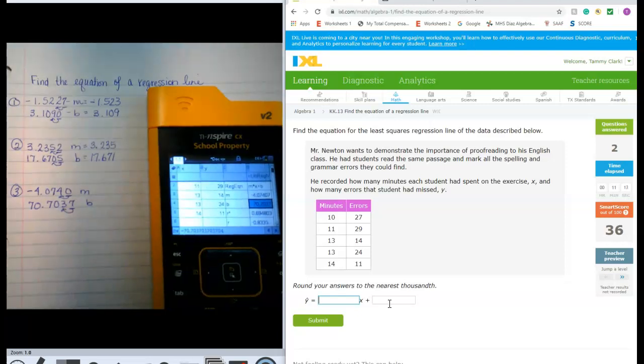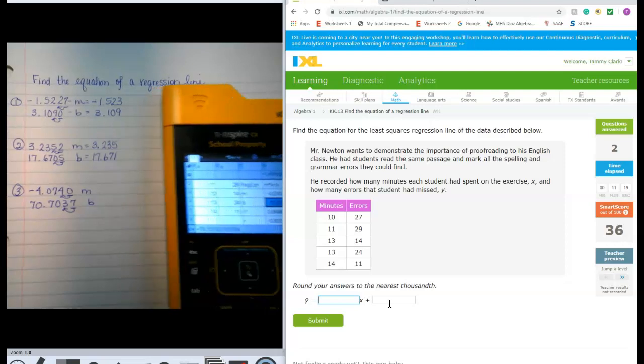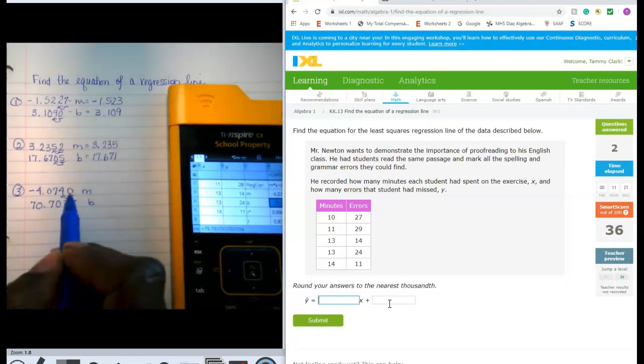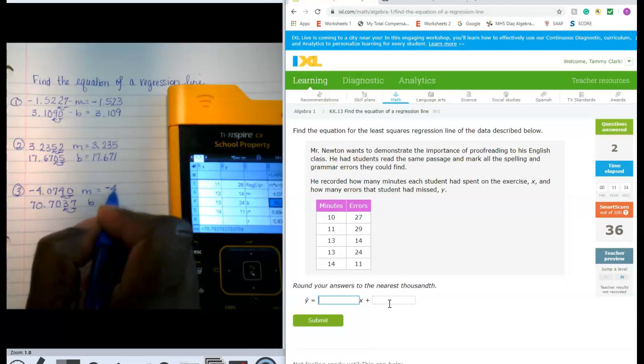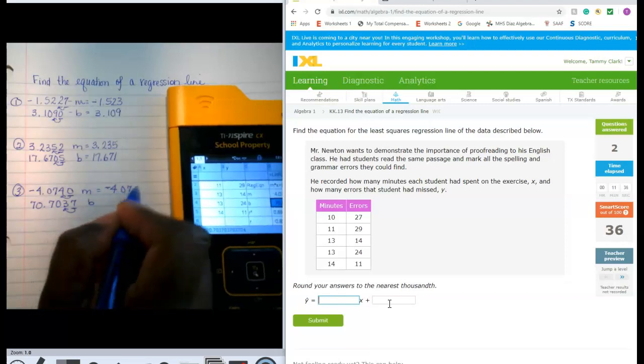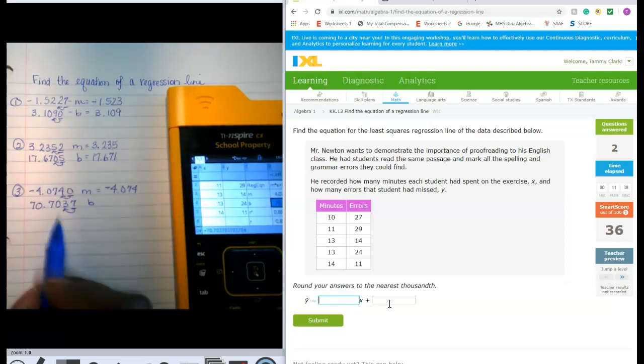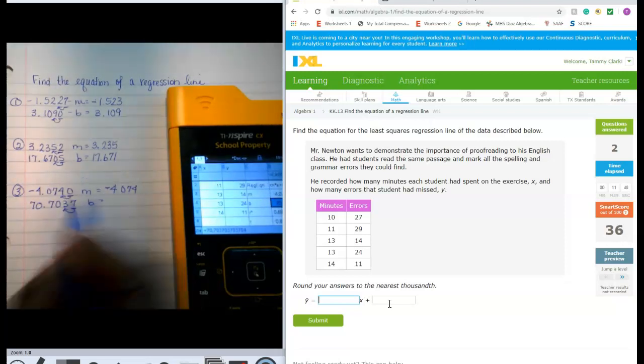So I'm going to kind of scoot this over. The 10,000ths place has a number that's less than 4. So it's not 4, it's not 3, it's not 2, it's not 1, it's actually 0, so we're going to just drop it. So that will give us negative 4.074. And for our y-intercept, we've got 70.7037.